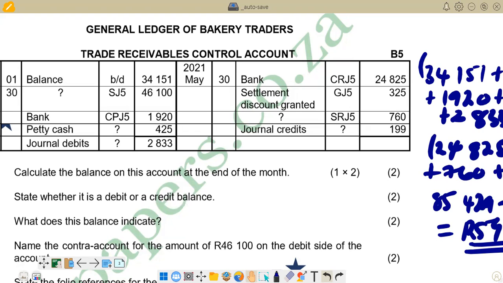Very important question. What we are supposed to do, like I was saying, is put double lines here, on both the debit and the credit. The bigger total you put in between the lines. So the bigger total is 85,429, and it comes here in between the lines.